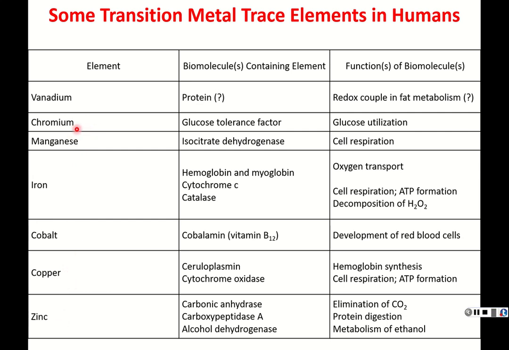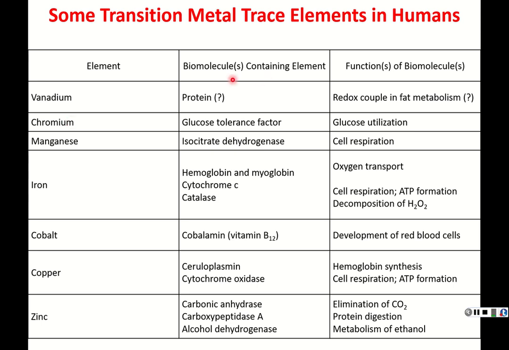Things like chromium, manganese, cobalt, copper, zinc, iron. Iron's probably the one that you all would be able to pick out before you've taken this class, to know that we have that in our bodies. But some of these other ones might be a little bit surprising.